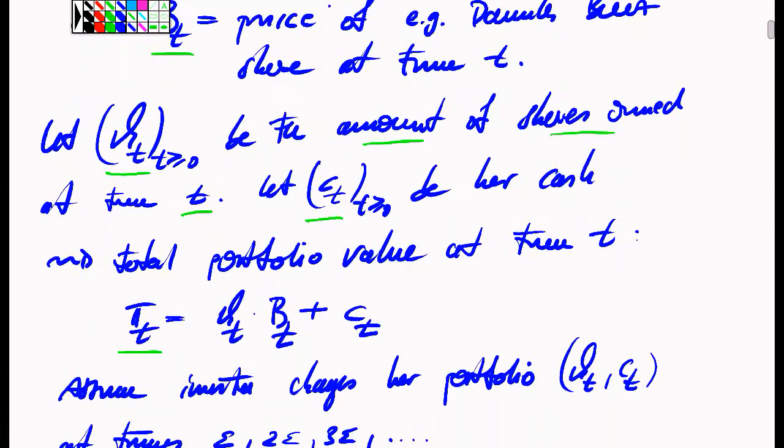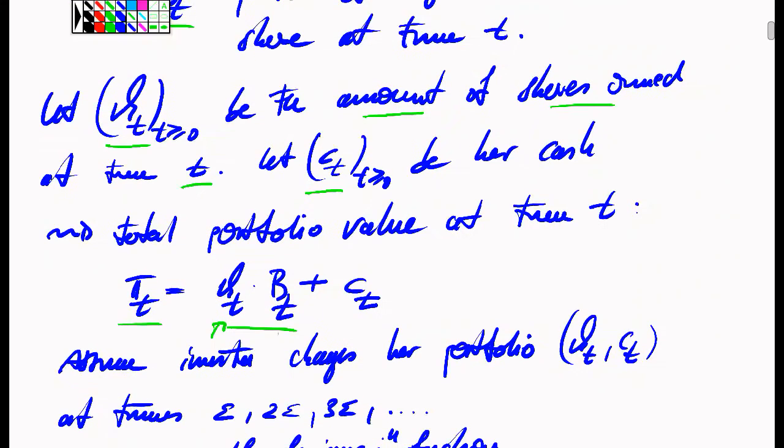And so if we introduce the quantity pi_t, which is the value of the portfolio of this investor at time t, then it is the number of shares he has, that's theta_t, times the actual value of that share at that moment t.